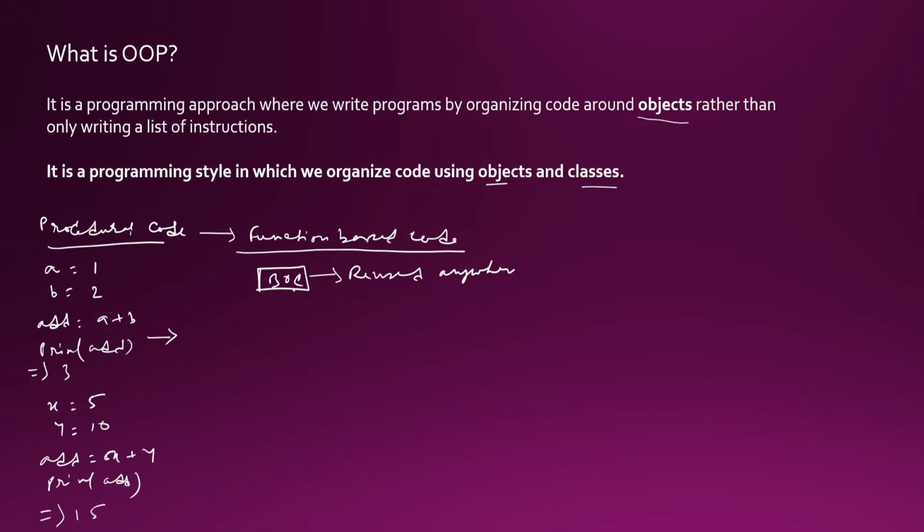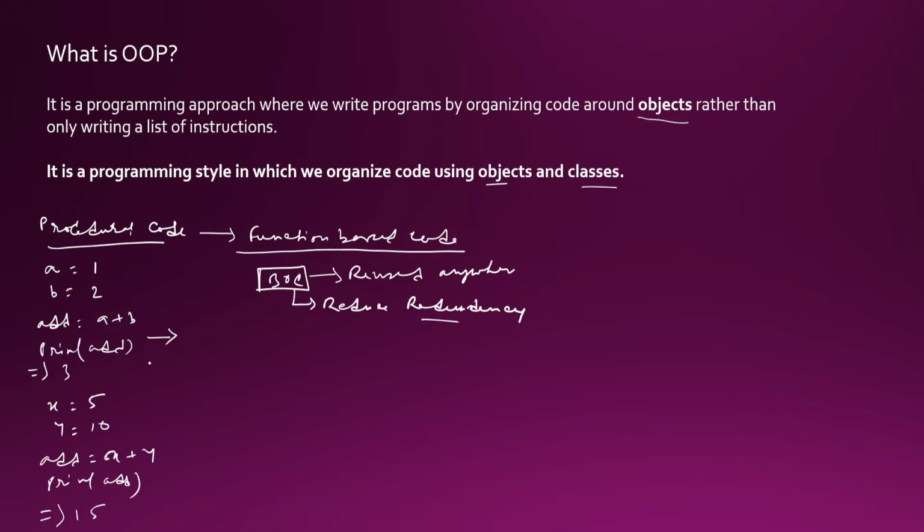And it basically helps us to reduce redundancy. So we have created a block of code that we can reuse anywhere, and it helps us reduce redundancy in our code.